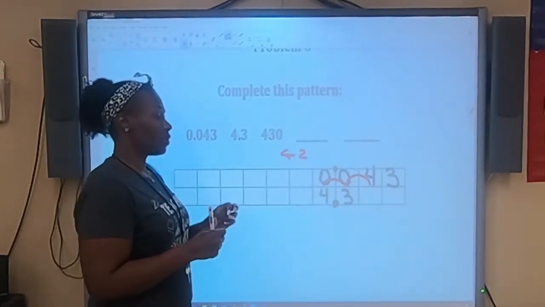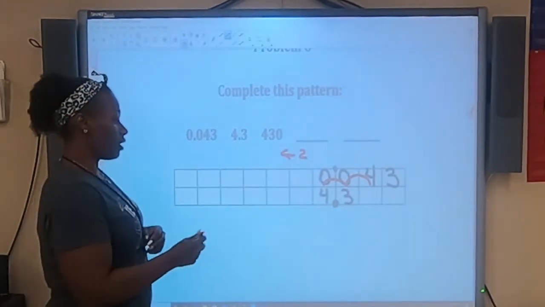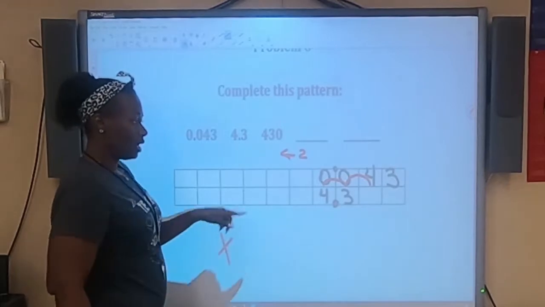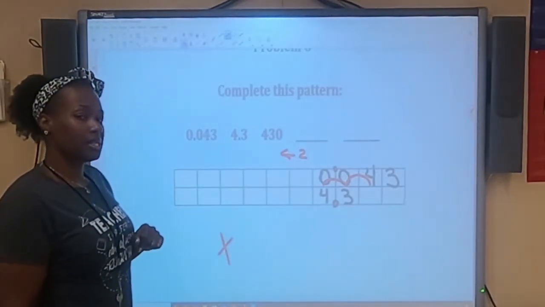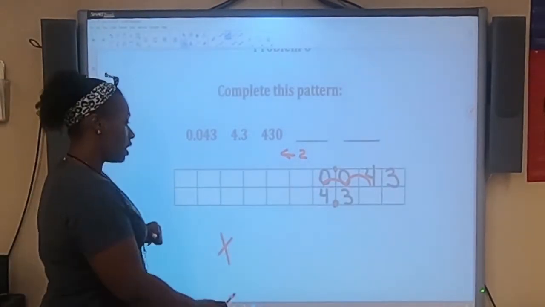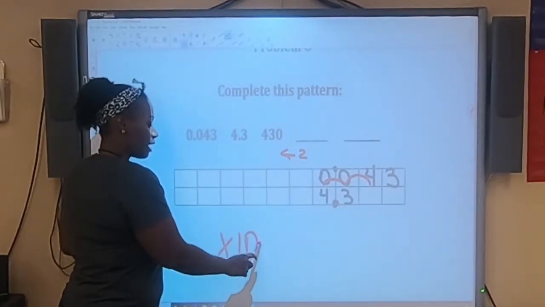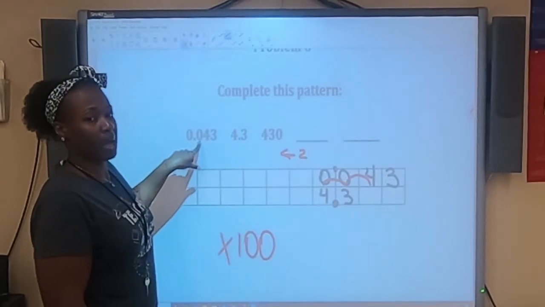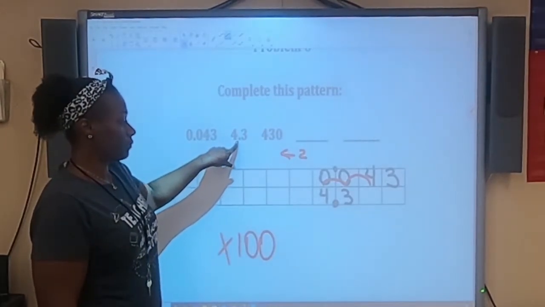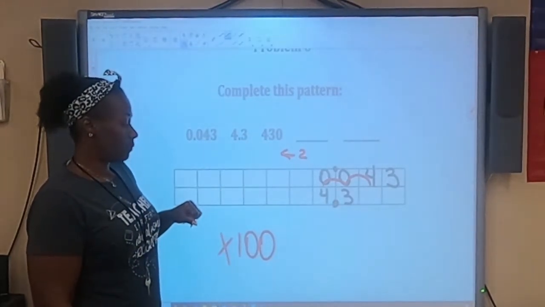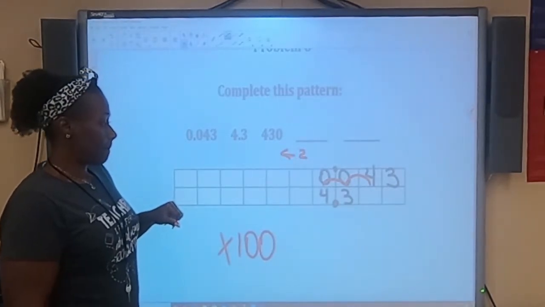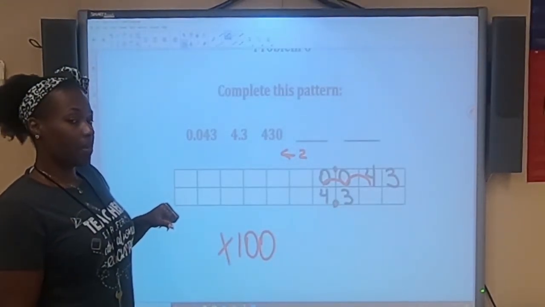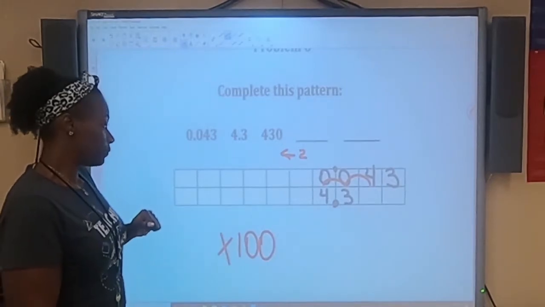We learned in lessons 1 and 2 that when we shift to the left, we are multiplying, and that 2 tells me how many zeros I need. So basically, this is showing me my pattern is I'm multiplying by 100 each time. Okay? Multiplying by 100 each time.